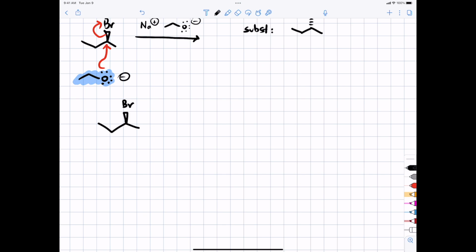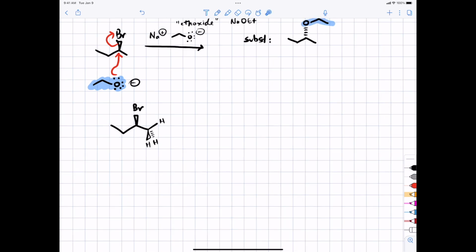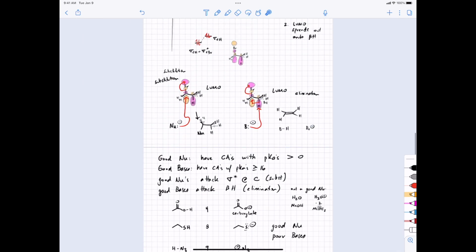What's that going to look like? So first, we need to identify beta protons, right? And in particular, we need to identify beta protons that can be anti to the leaving group.